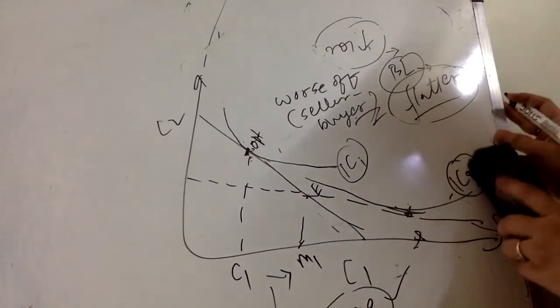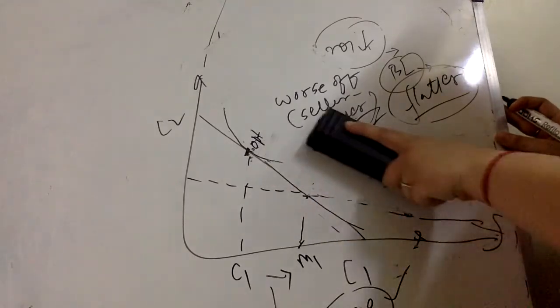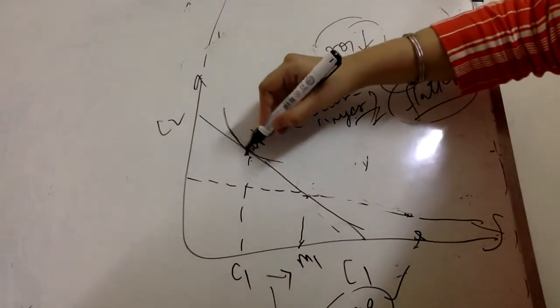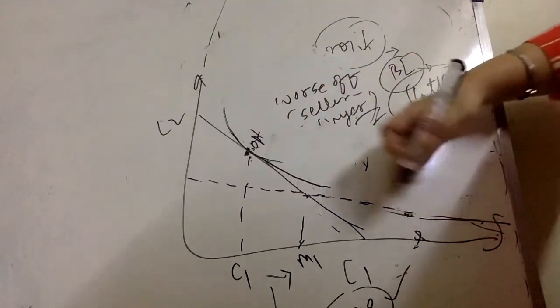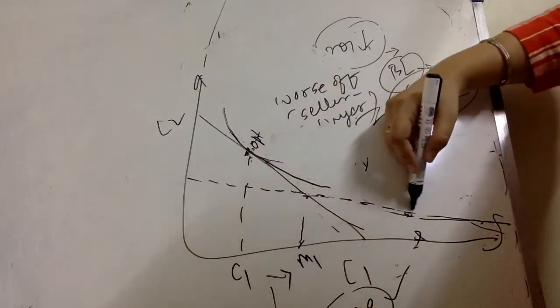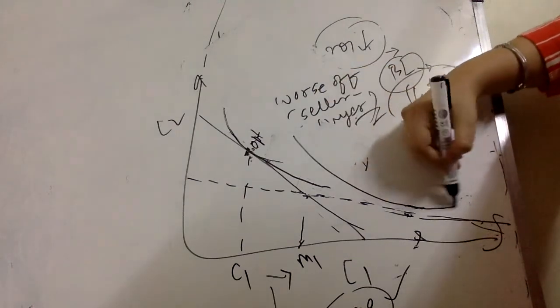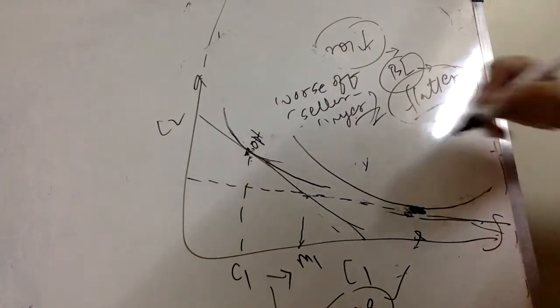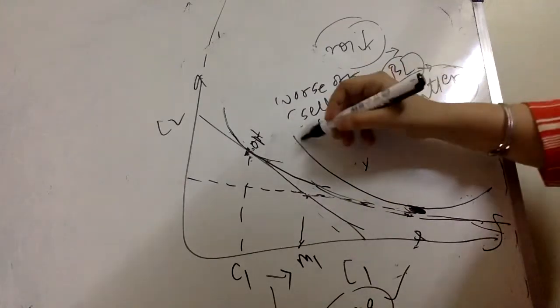Alright, now if it is the case that my IC is much wider, and my budget line has become flatter because of the fall in the rate of interest, so now I switch to become a buyer. It's possible that my new IC is tangent at such a point which makes me better off in terms of utility.